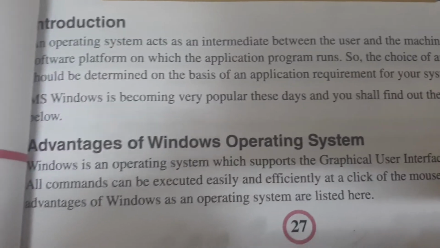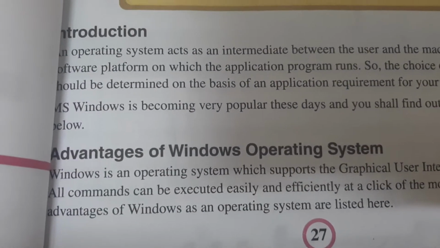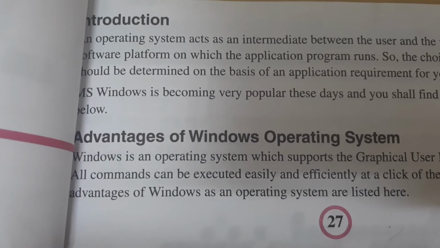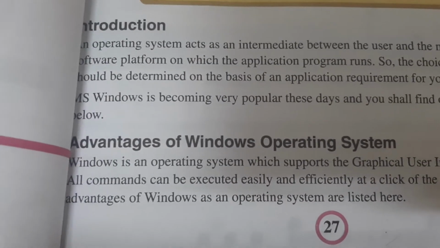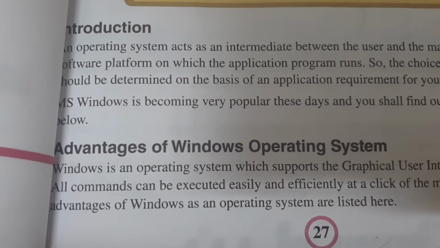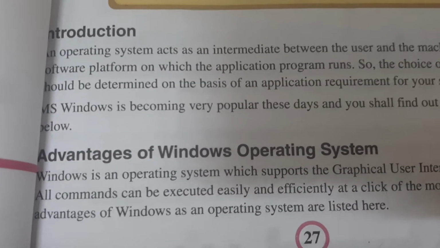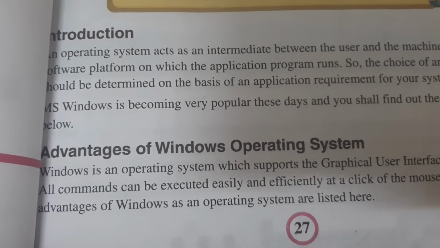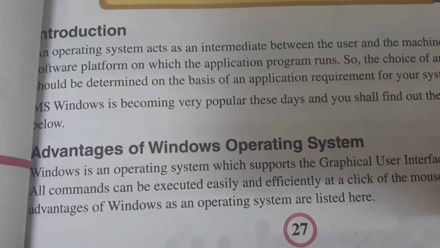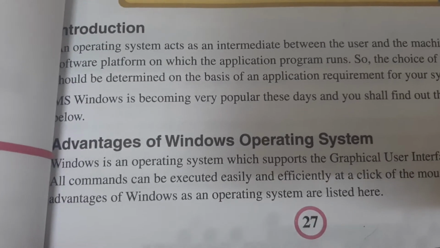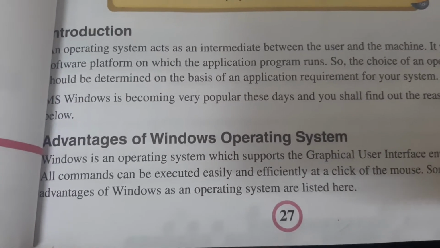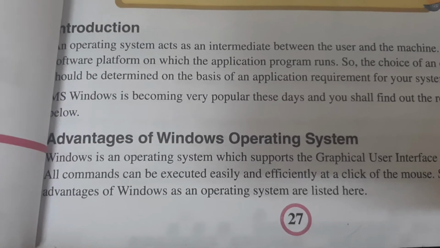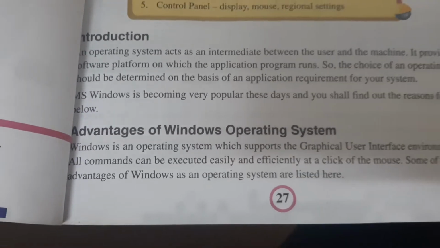As you all know, in character user interface or command line interface, you have to write character by character or give a command to perform any instruction. But in Windows operating system, you just have to click with the help of the mouse to execute any instruction.